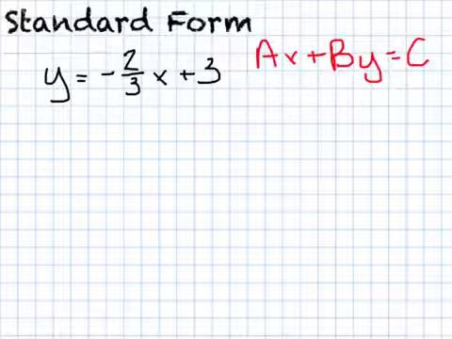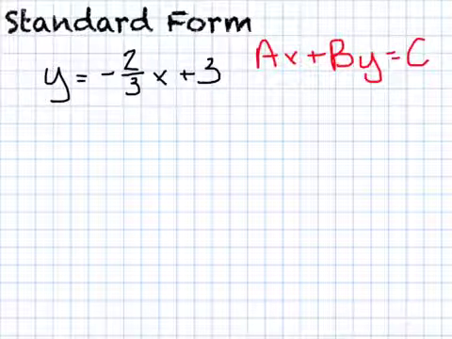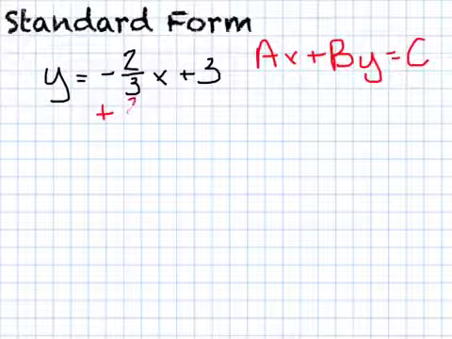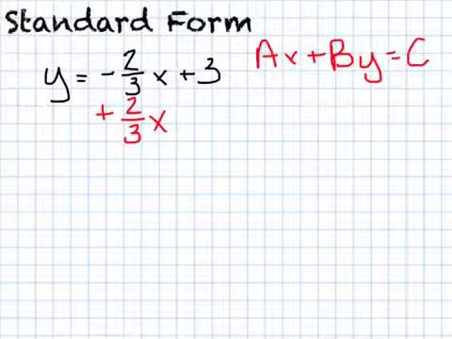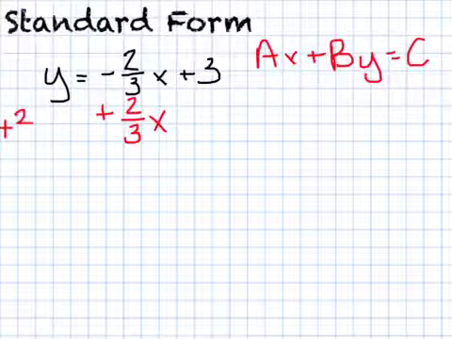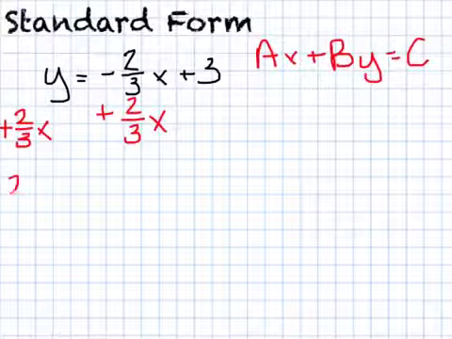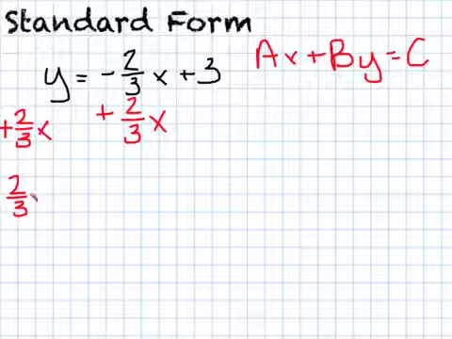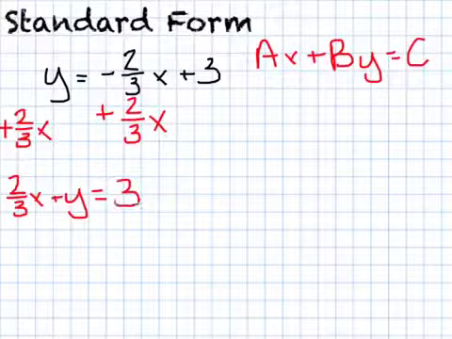Since it's a negative 2 over 3x, I'm going to add 2 over 3x, and you have to do that to both sides. That's going to give us 2/3 x plus y equals 3.